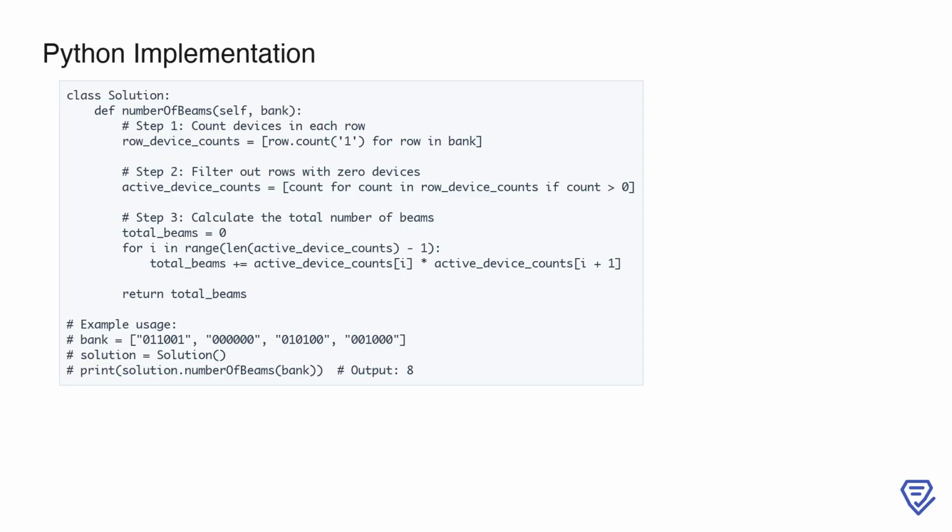Filtering out zeros gives active_device_counts equals 3, 2, 1. 3. The total number of beams is calculated as (3 times 2) plus (2 times 1), which is equal to 6 plus 2 equals 8. This concise and efficient solution ensures that the problem is solved in linear time relative to the number of rows and columns, making it suitable for large inputs within the constraints.